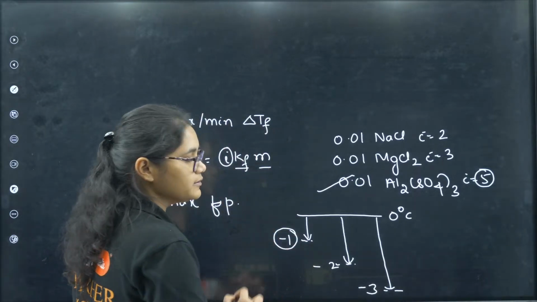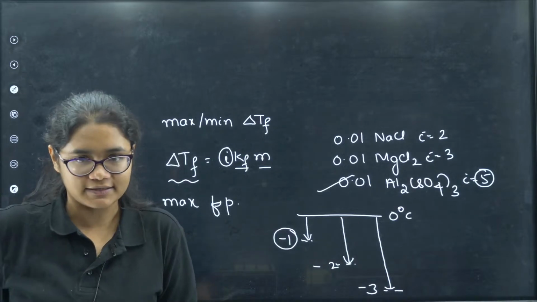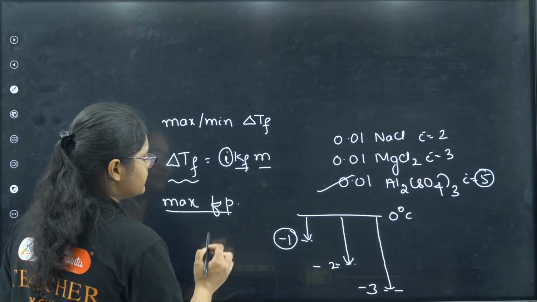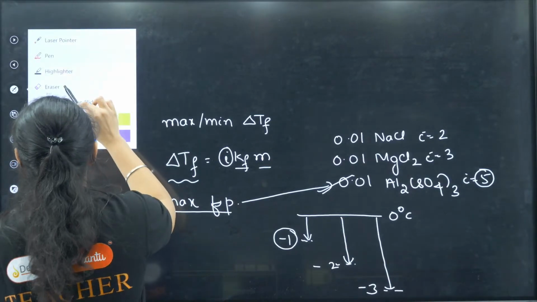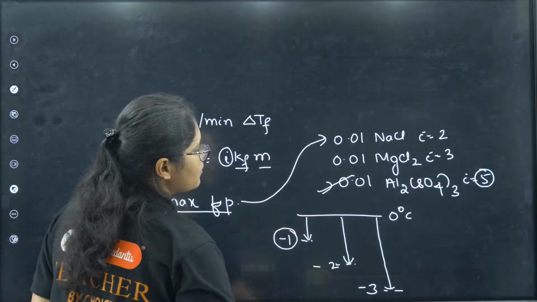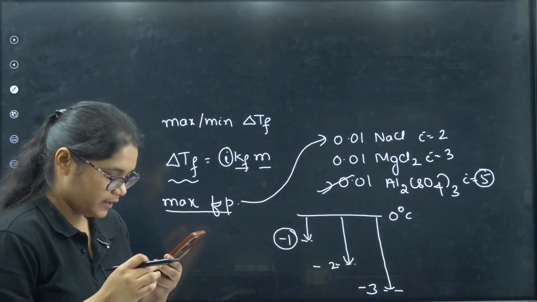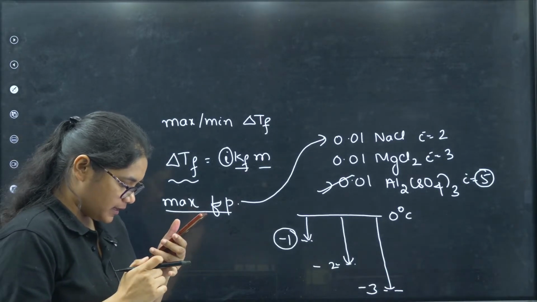So the highest value is -1, because as we go down the negative values keep on decreasing. So I will say the maximum freezing point is in 0.01 M NaCl. Okay, clear?